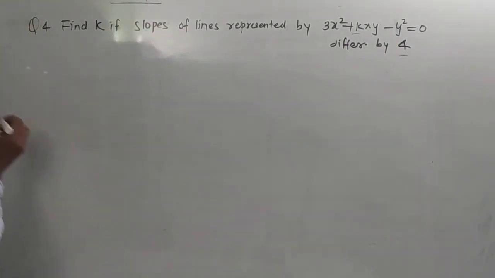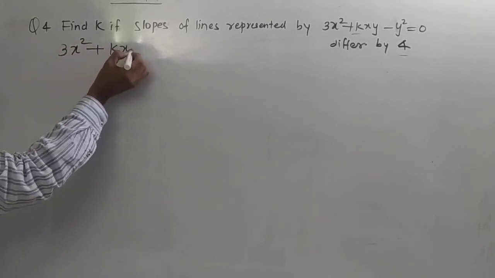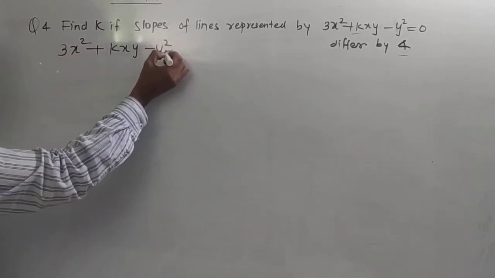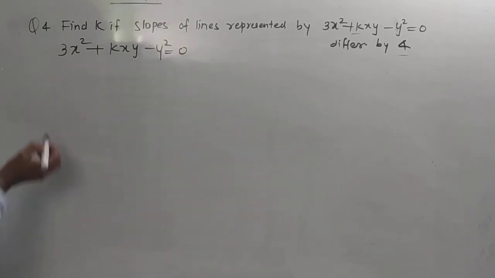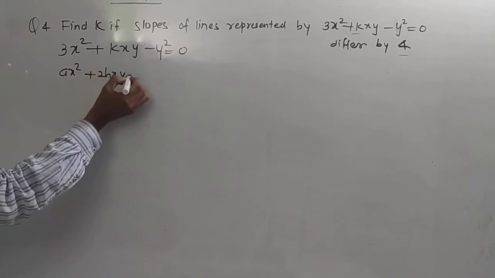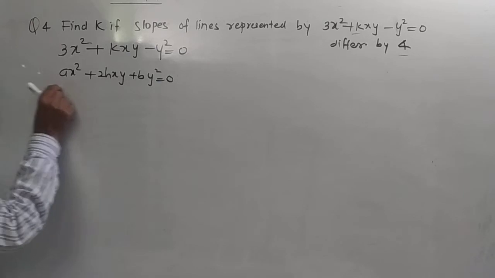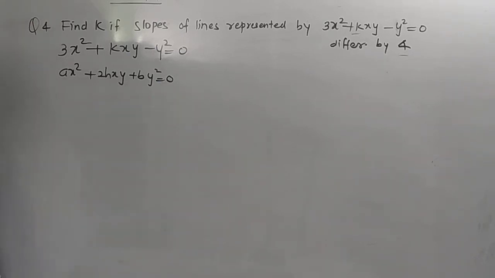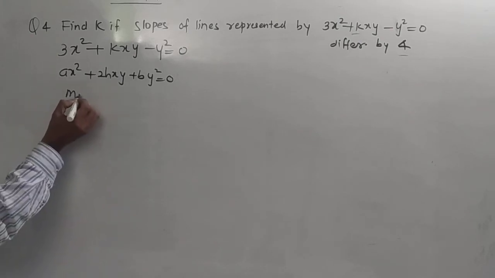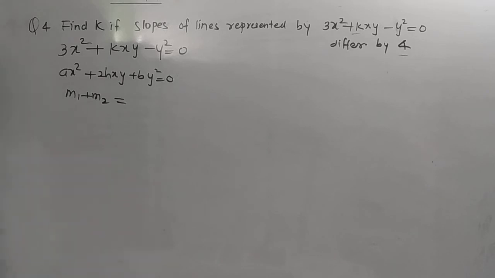So the given homogeneous equation is 3x square plus kxy minus y square is equal to 0. We will compare this equation with ax square plus 2hxy plus by square is equal to 0. So you have to remember this equation. m1 and m2 are the slopes of the lines represented by this equation.